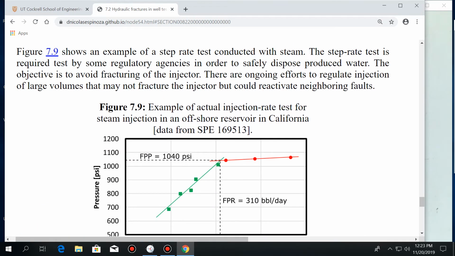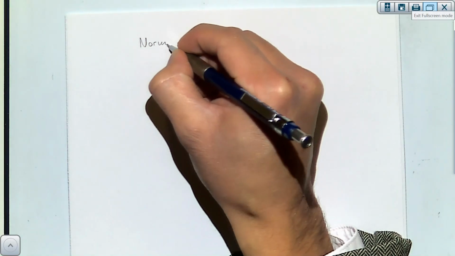So let's come back to the case of EOR, and let's make an example in which we are in normal faulting conditions. Let me try to do this in 3D to see if I get it.